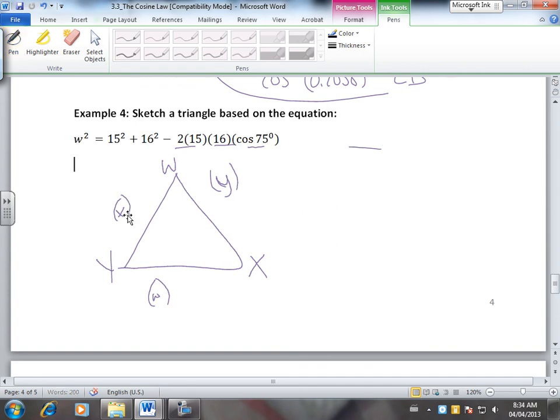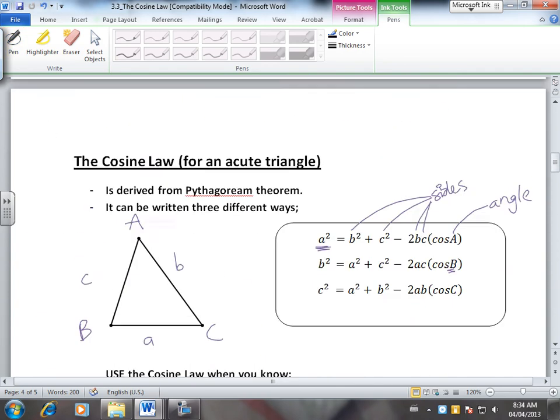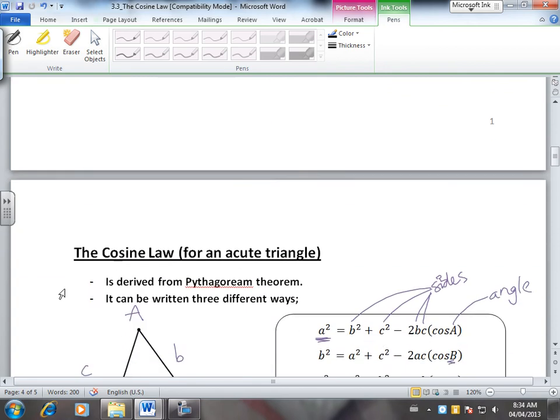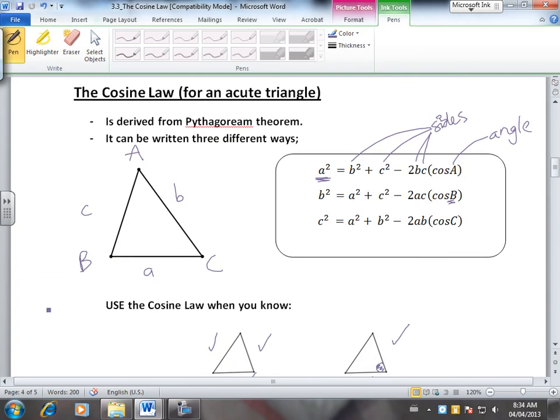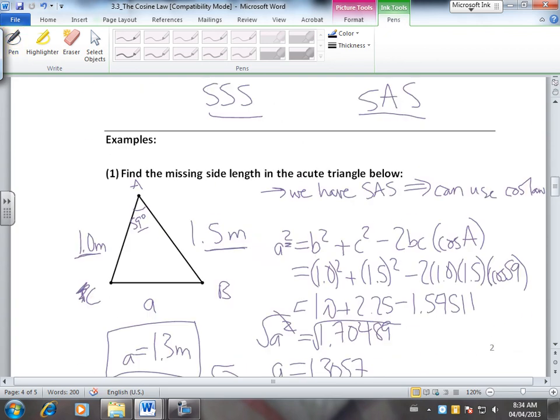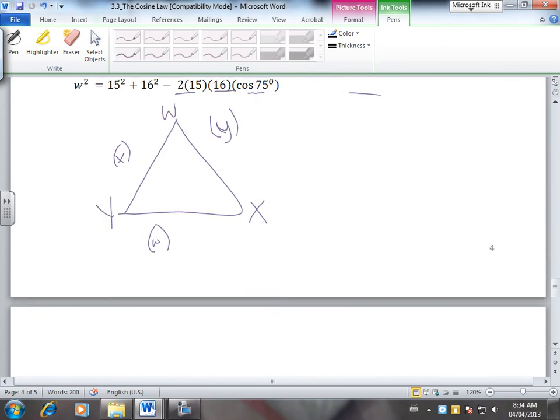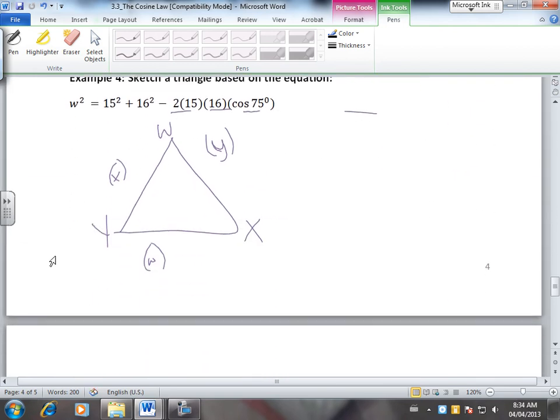Now I know, going way back to the beginning to what cosine law is, that whatever is on this side here corresponds with the angle. So here you have c squared equals, and you have cos c. B squared equals cos b. A squared equals cos a. So if I go back to my triangle here, I have w squared equals, so then I know that this is cos w.